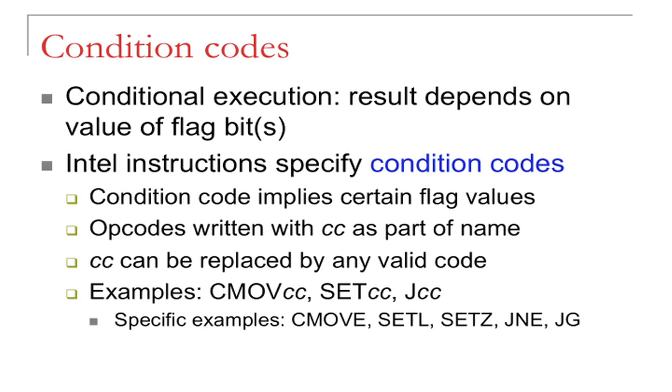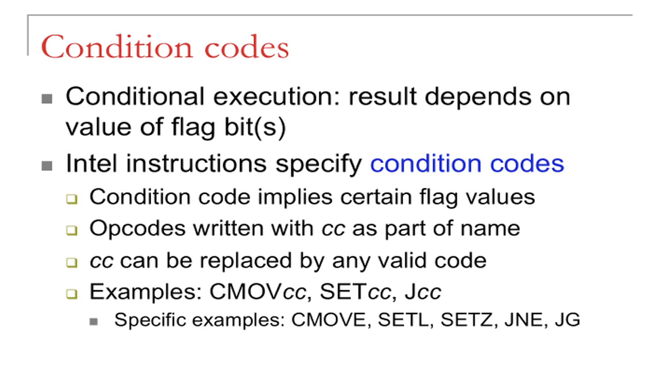And the result of these conditions depends on the computation or the completion of the previous instruction. And the following instructions, oftentimes a conditional instruction like conditional branch, will perform corresponding operations depending on the actual condition.